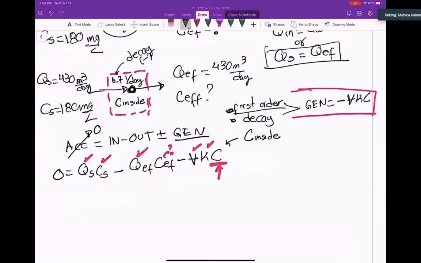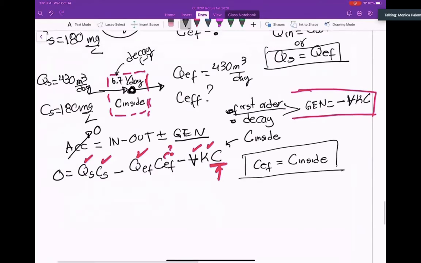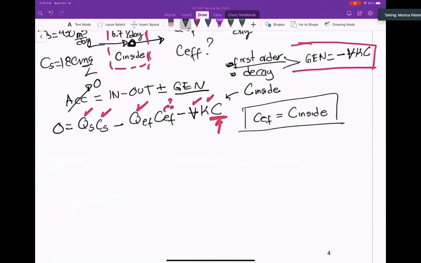Per the assumptions of a completely mixed flow reactor, what is the relationship between the C inside and the C effluent? It's the same as the C outside. So they are the same, right? So C effluent is going to be equal to C inside, and I don't have two variables. I just have one variable, and we're going to put them together and solve the problem.